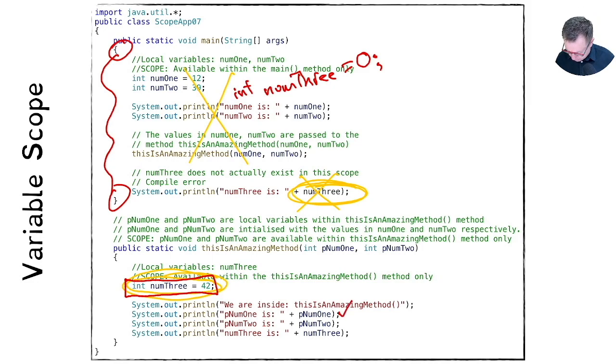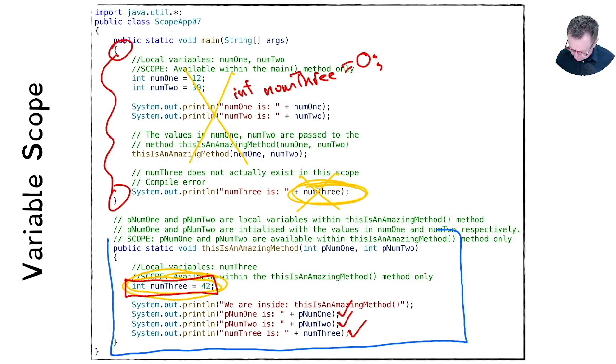And we print out num1, num2, and num3, or I should say pnum1, pnum2, and num3, because these are variables that are, if you recall, local variables here. So they only exist here.